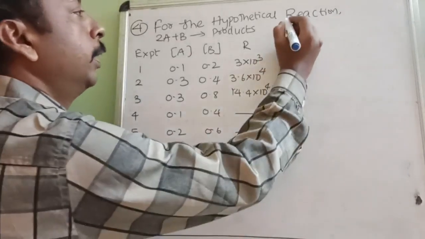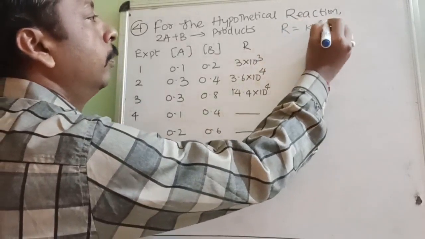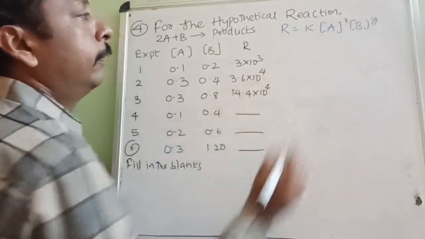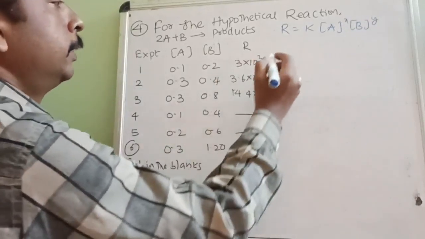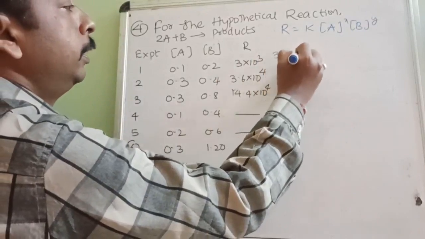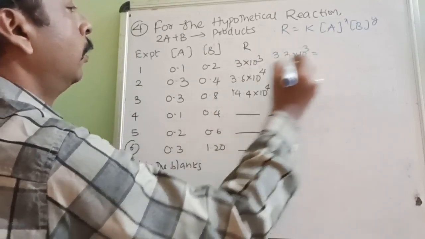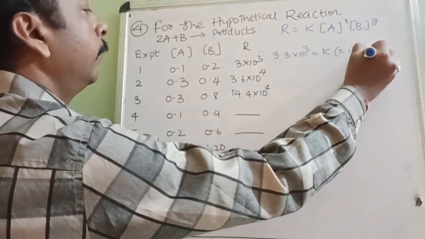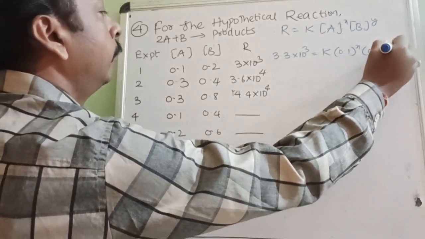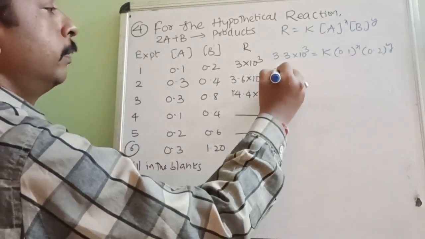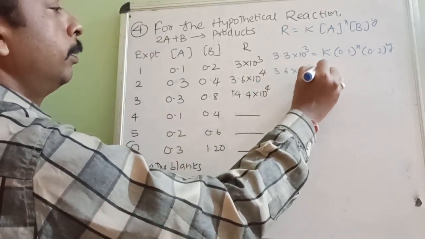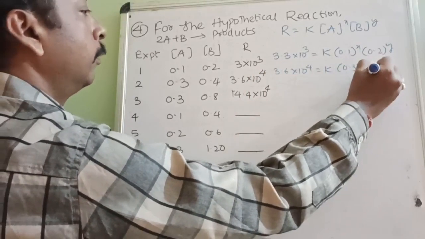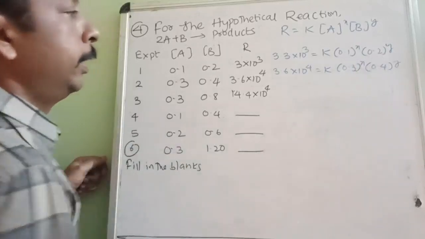As a routine job, R is equal to K into A to the power of X and B to the power of Y. In the first experiment, 3.3 into 10 to the power of 3 is equal to K into 0.1 to the power of X, 0.2 to the power of Y. Next, 3.6 into 10 to the power of 4 is equal to K into 0.3 to the power of X, 0.4 to the power of Y.